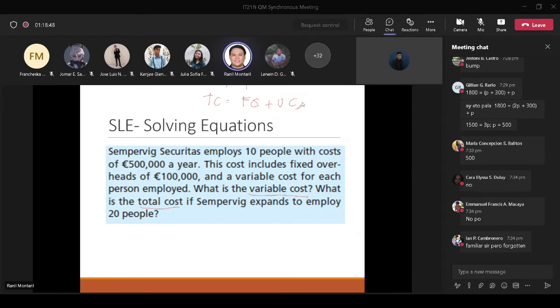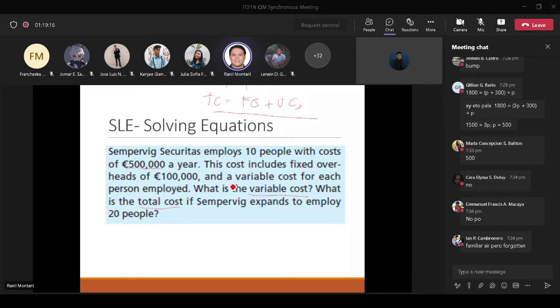So from here, ito yung pinaka model natin. Actually, this is the model. Total cost is equal to fixed cost plus variable cost, 'di ba? Now, kahit anong formula, ito yon or kahit anong sitwasyon yan yung formula. For this problem, we can apply that. Sabi niya dito, if I have 10 people with cost of 500,000 euros a year, so this is the total cost.